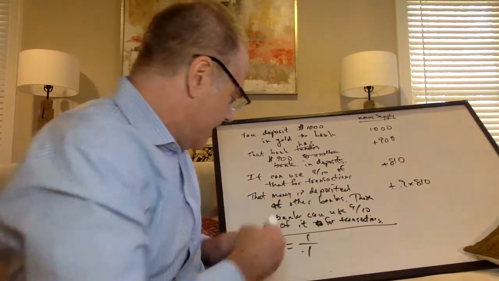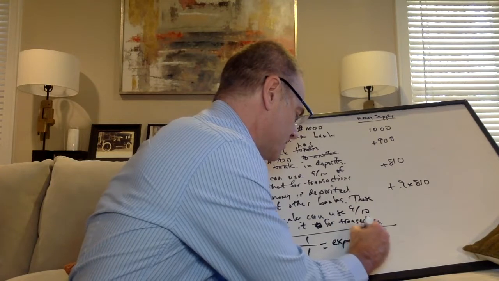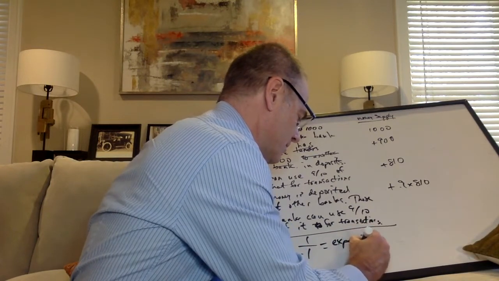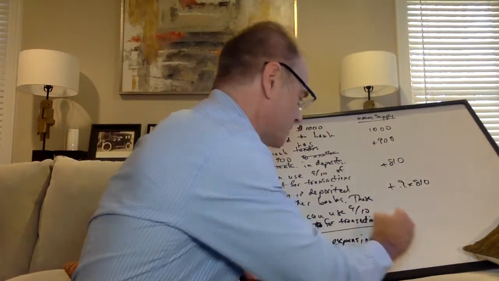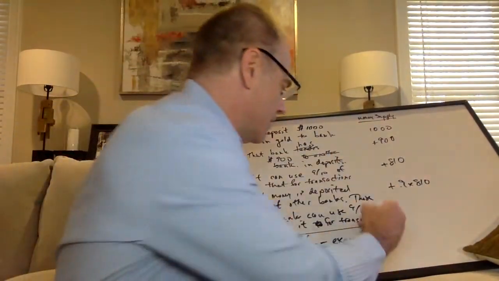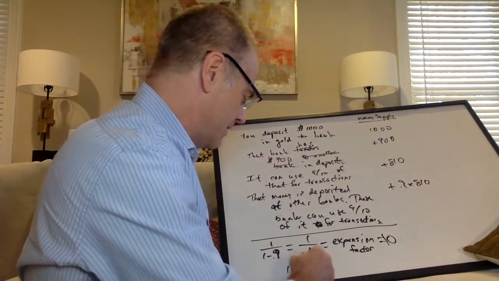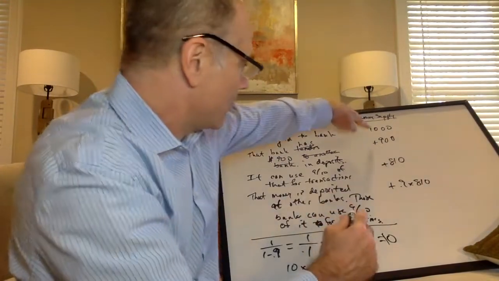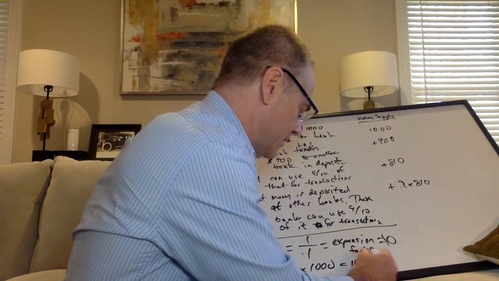And this equals the expansion factor. So that equals 10. Multiply 10 times the original amount of money, 1,000, and you get $10,000.